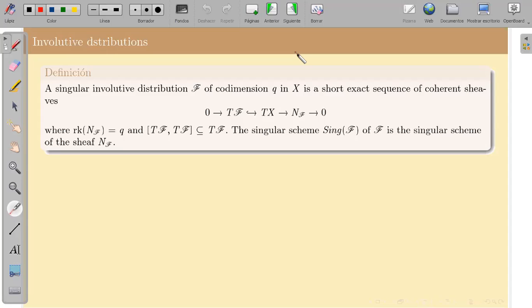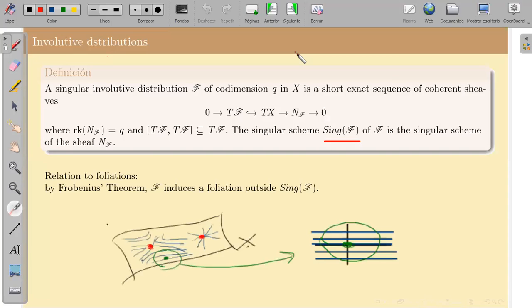So before we talked about foliations. What is the relation between this and singular foliations on X? Well, outside its singular scheme, such an object induces a regular foliation. There's a picture.